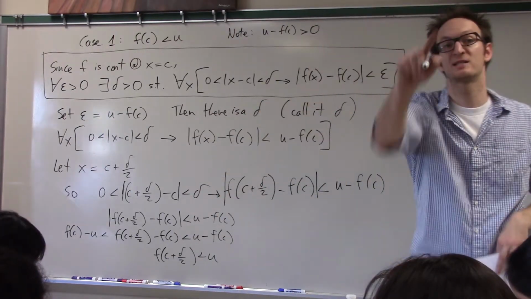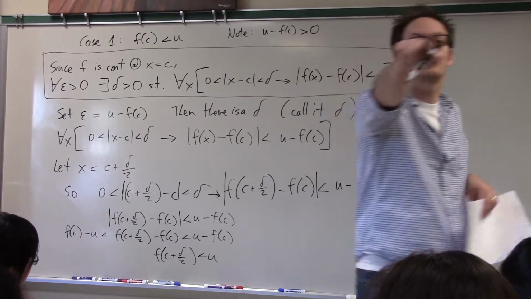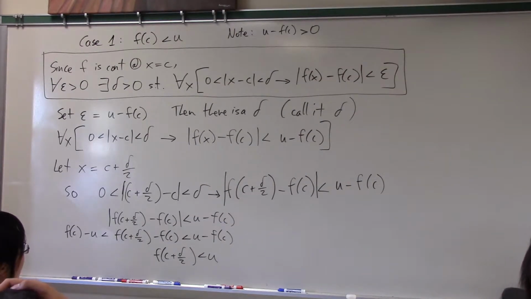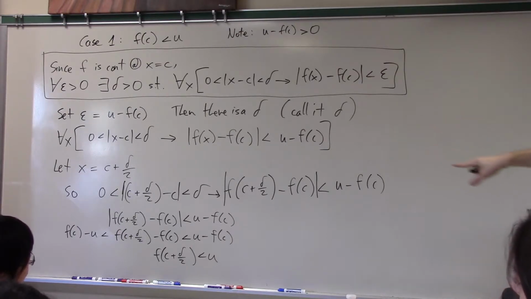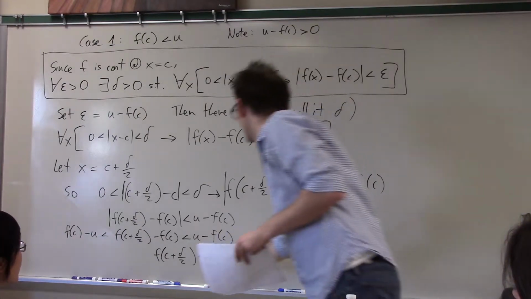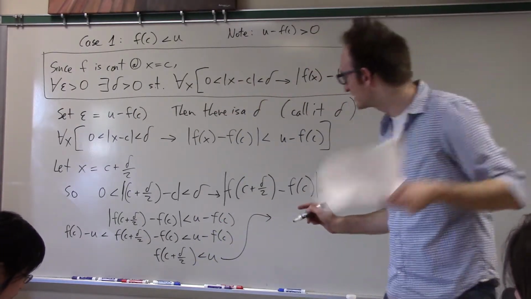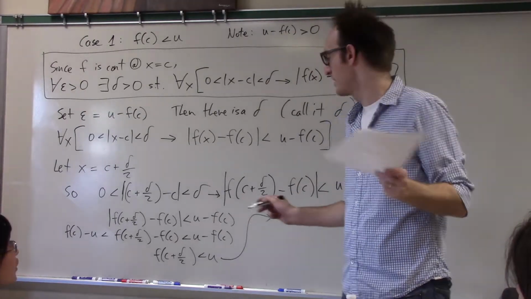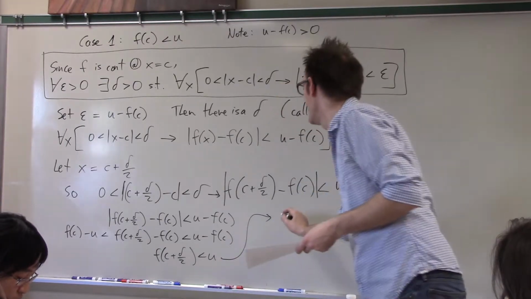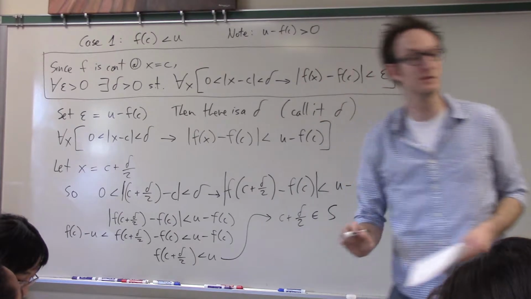That's exactly what I said I was going to do in the picture, right? I was going to find an x value which is very, very close to c, but a little bit bigger, which is still less than u, right? And it's the definition of continuity that enables me to produce such a number. Well, why is that a problem? If c plus delta over 2 is less than u, then that means that c plus delta over 2 is in my set S, right?